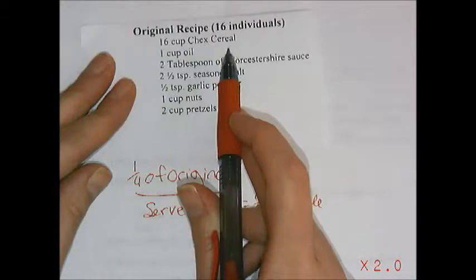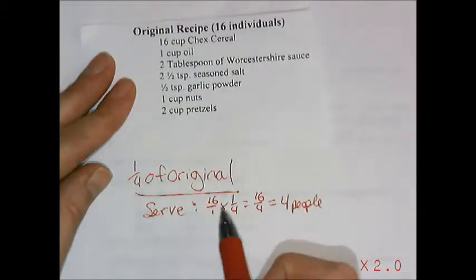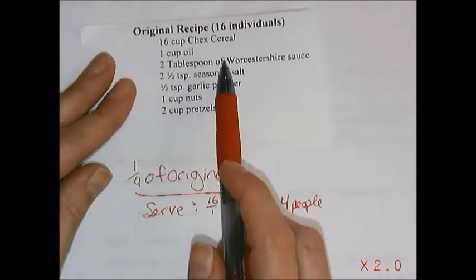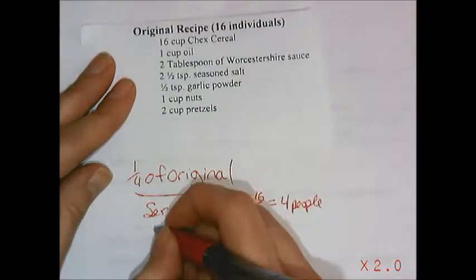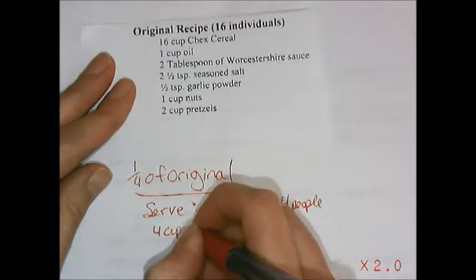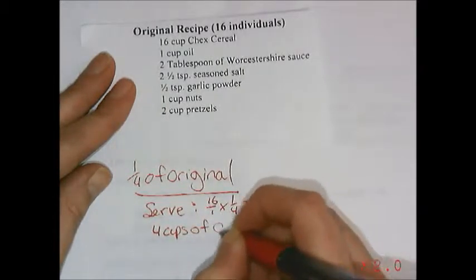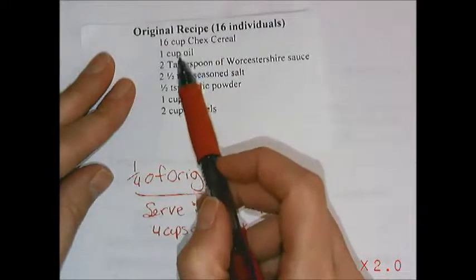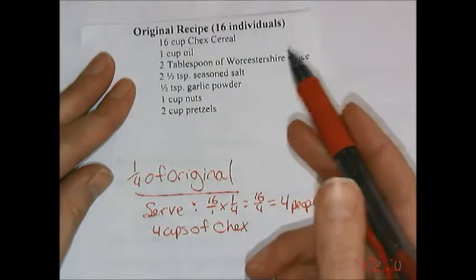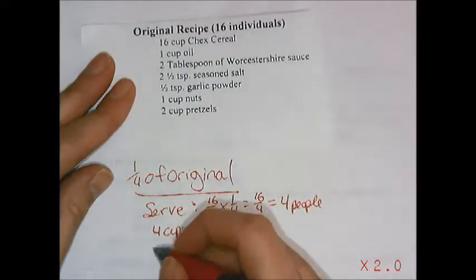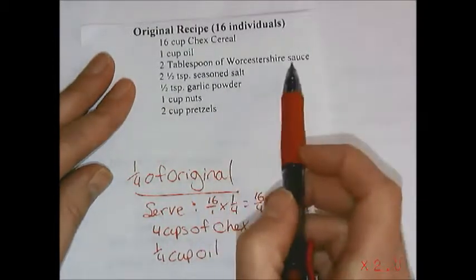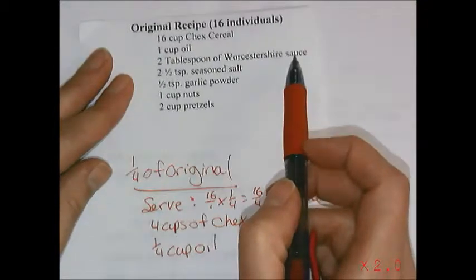How many cups of Chex Mix do I need? Well, I just figured out what a fourth of 16 is. The original recipe calls for 16 cups, but now I only need 4 cups. All right, 1 cup of oil is in the original. Well, 1 times a fourth is just a fourth cup of oil. 2 tablespoons of Worcestershire sauce.